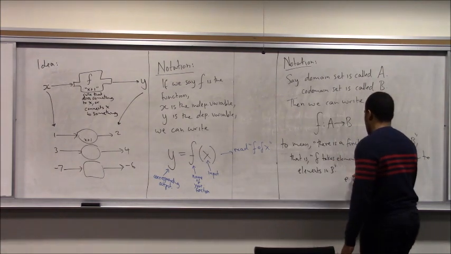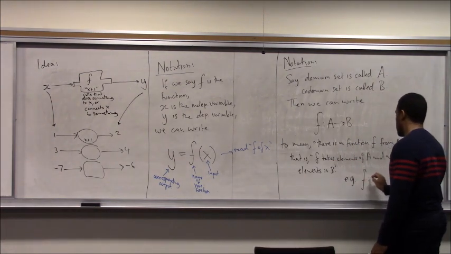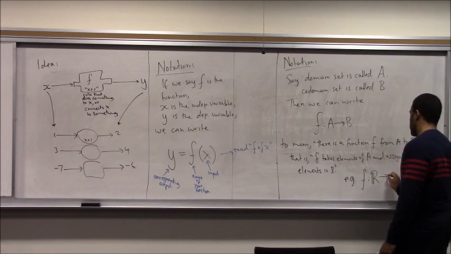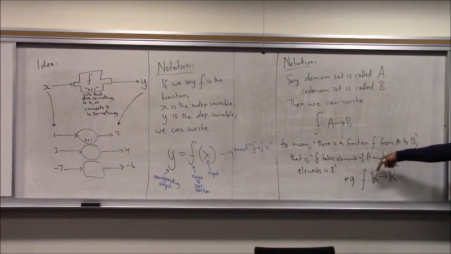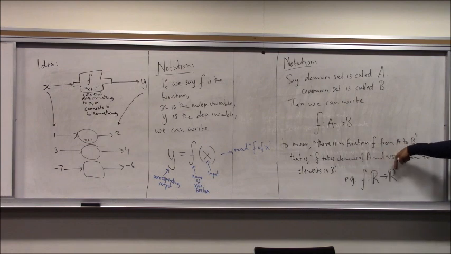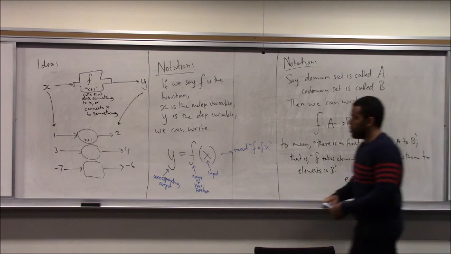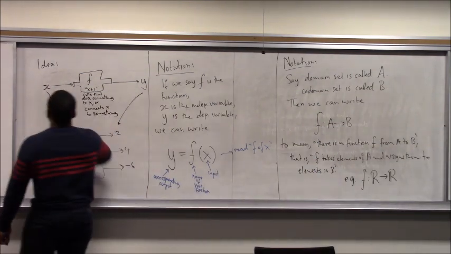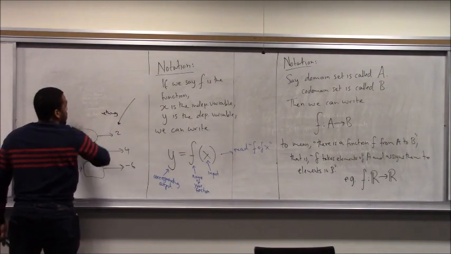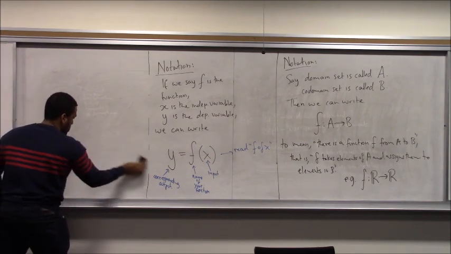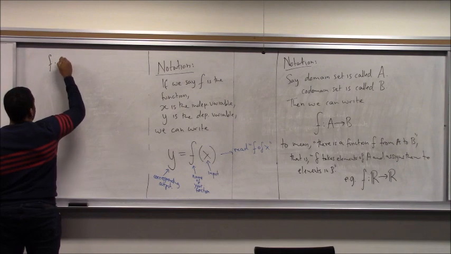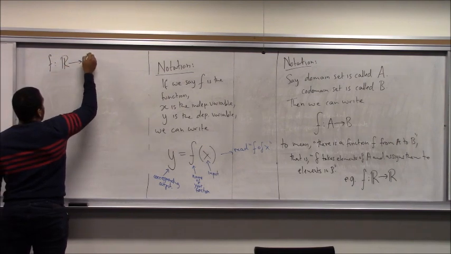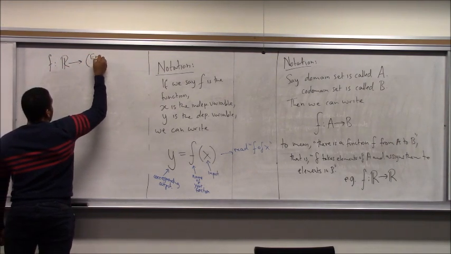So for example, I might say f goes from the real numbers to the real numbers. So you plug in a number on the number line, and it will give you, as a result, a number on the number line. I can also say f is a function from the real numbers to the English alphabet.